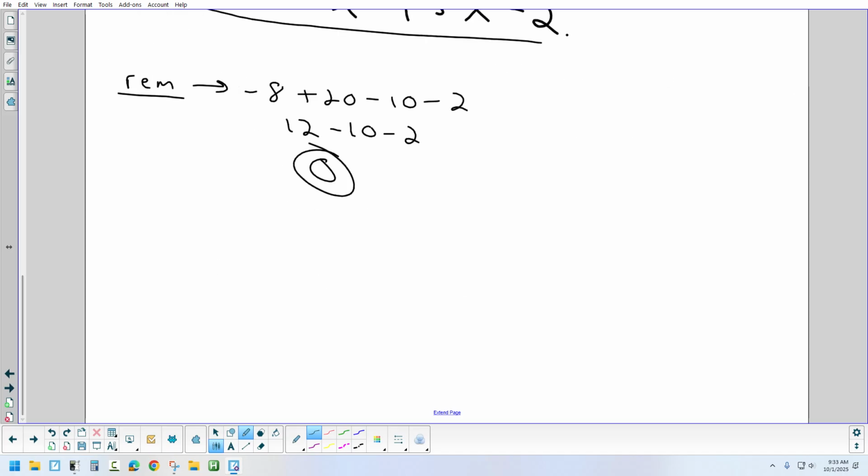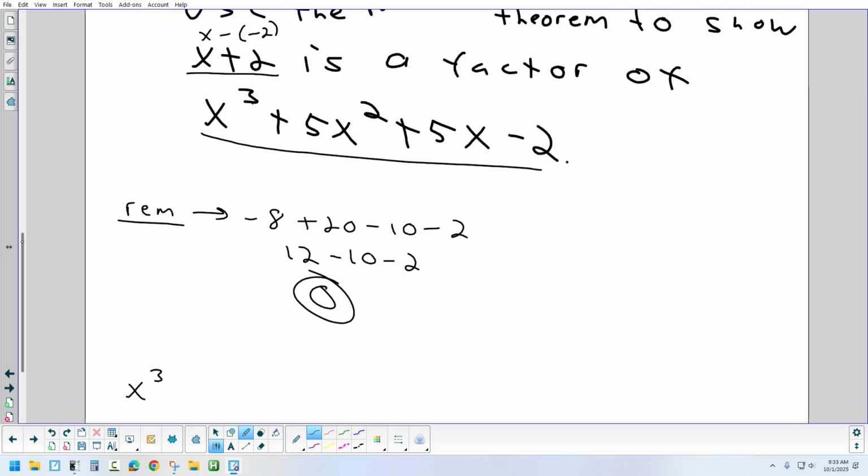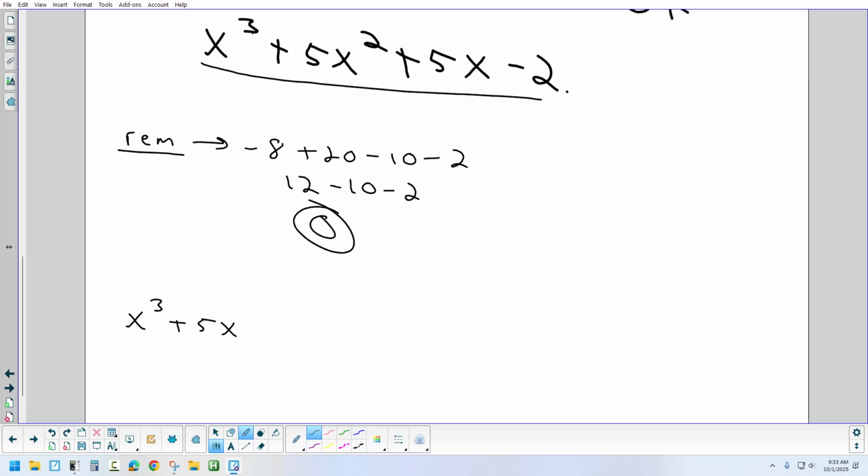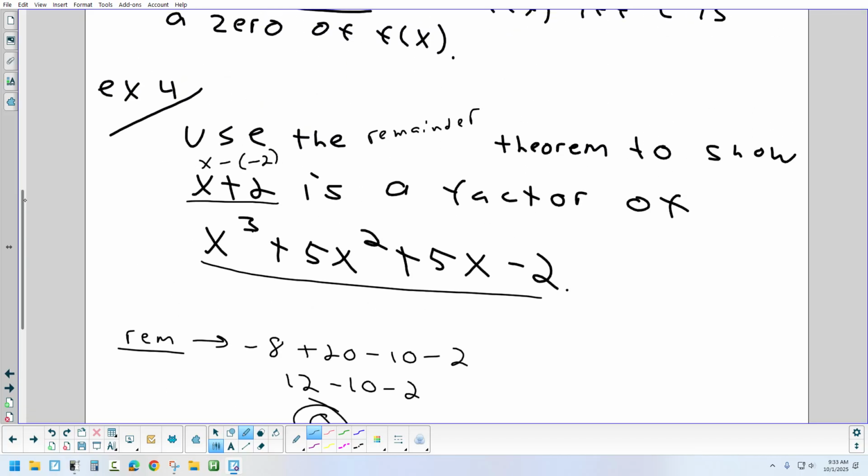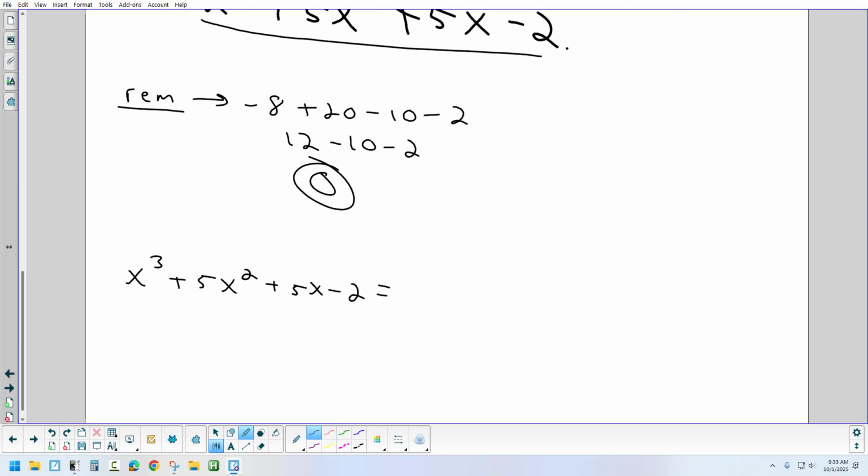So now you could do something like this. x cubed plus 5x squared plus 5x minus 2 equals, and now I could ask you to factor that. We already know x plus 2 is a factor. How would you get the other factor?